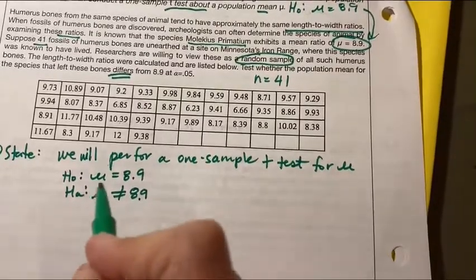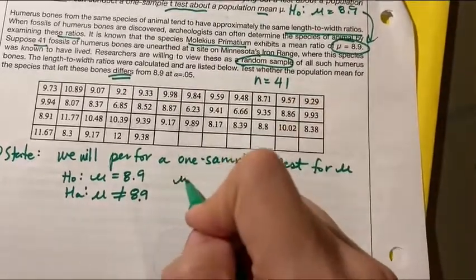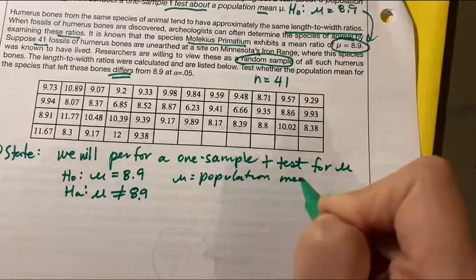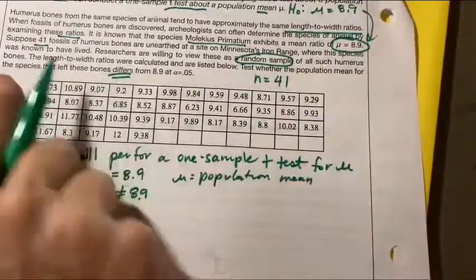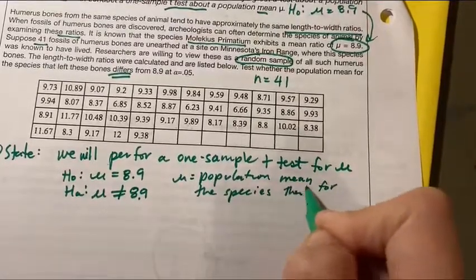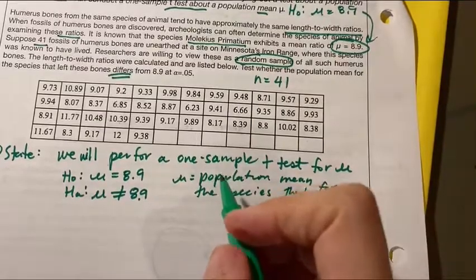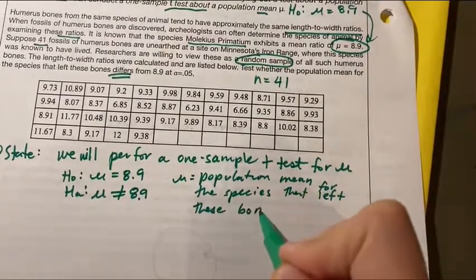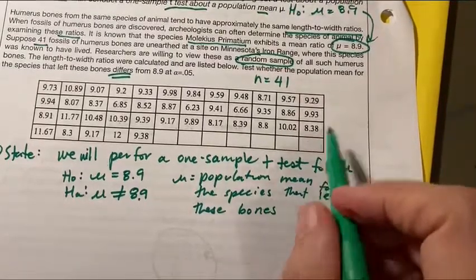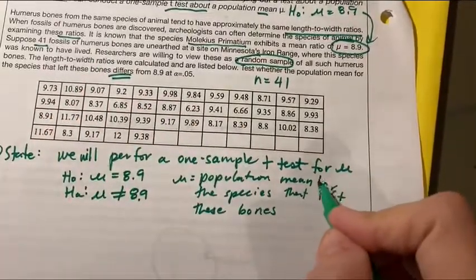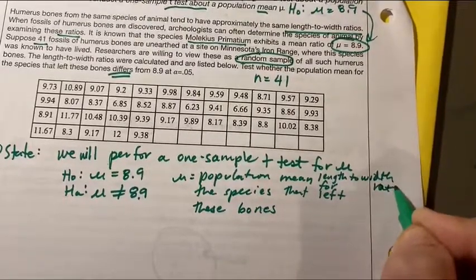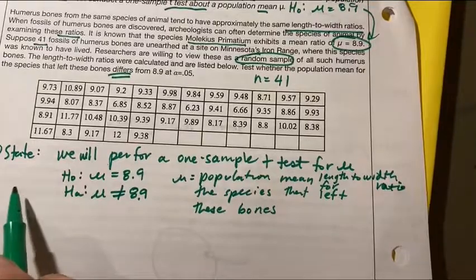We don't know if it's more or less. We just think it's something other than that. What is mu? That would be the population mean for the species that left these bones. It's actually the population's mean length to width ratio. Awesome. State, plan, do, conclude.